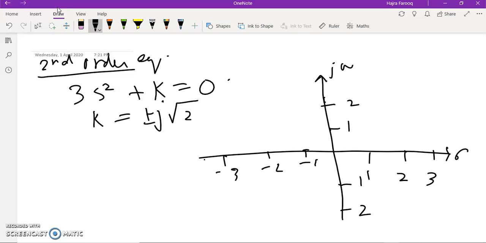Since our centroid is here, and we have calculated our breakaway point to be negative 0.426, it will be somewhere here, and this is 180 degrees.